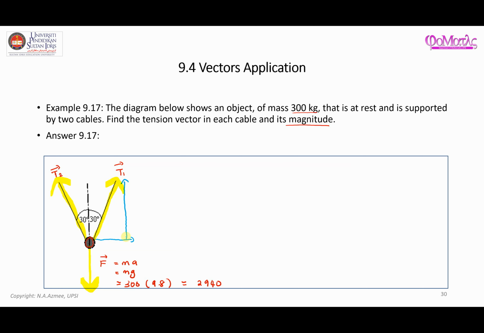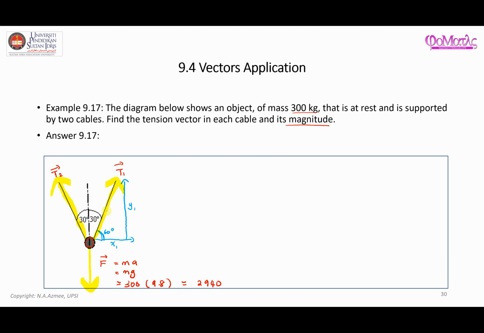So here we will have the right angle triangle, where the angle here is going to be equal to 60 degrees, because this is 30 degrees and the sum has to be equal to 90 degrees. So based on this, you can find the component of x. I call it x1, and this is the component for y, so this is y1.